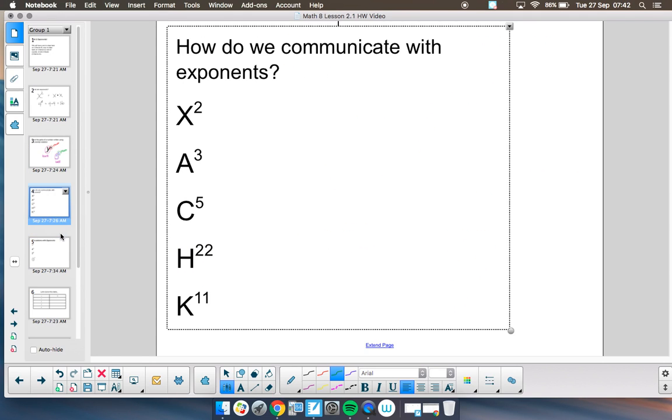So how do we communicate with exponents? So a few different things that we can do. There are different ways that we like to say this, okay? So typically when you have something that has a 2 as the power, so something that's raised to the second power, we like to say x squared.